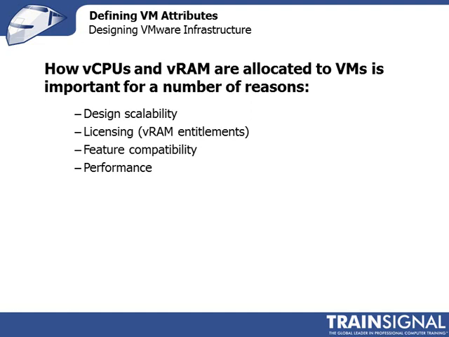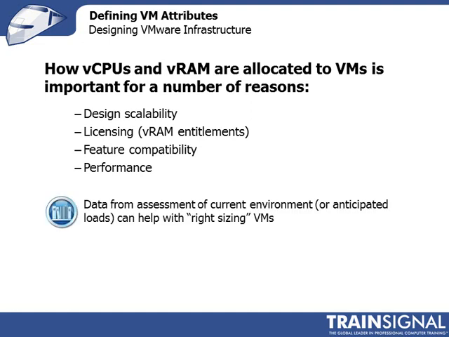If you are over allocating virtual CPUs to workloads that do not need them, then you may have a negative performance impact, which would not, of course, be a desirable thing. As I mentioned just a moment ago, data from an assessment of the workloads, either current workloads that will be transferred into the environment or the anticipated workloads that you're going to deploy, can help you with right-sizing your VMs with regards to the amount of virtual CPUs and the amount of virtual RAM you will allocate.